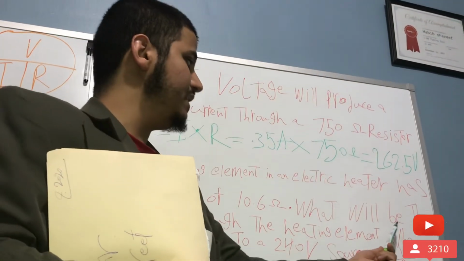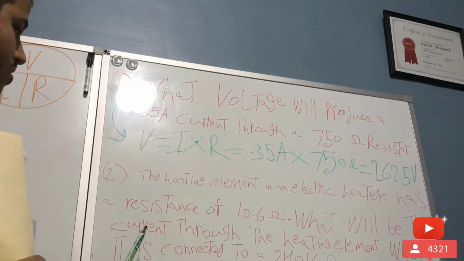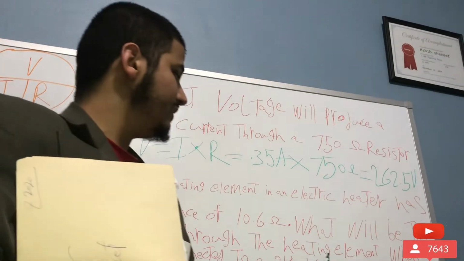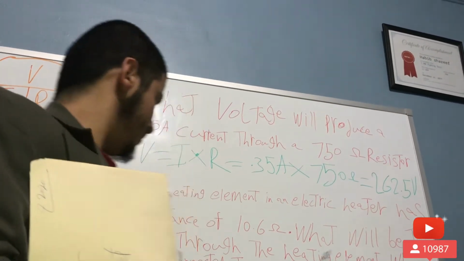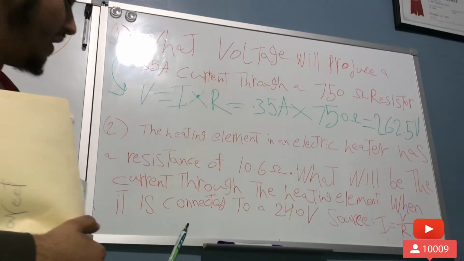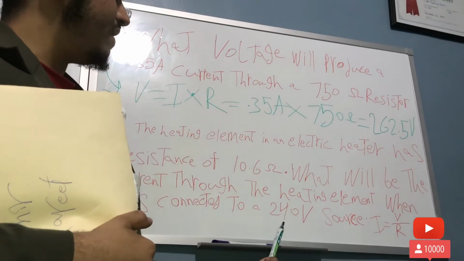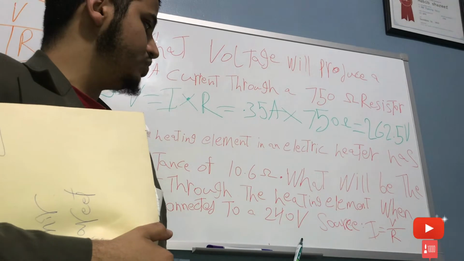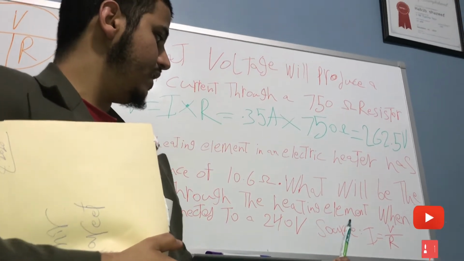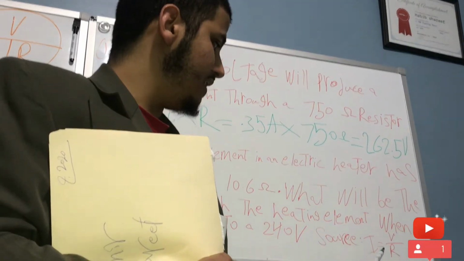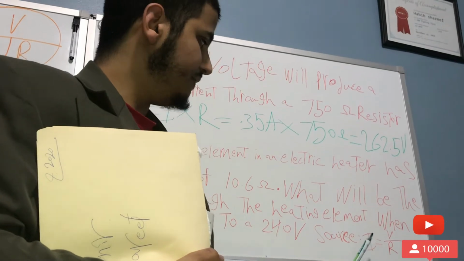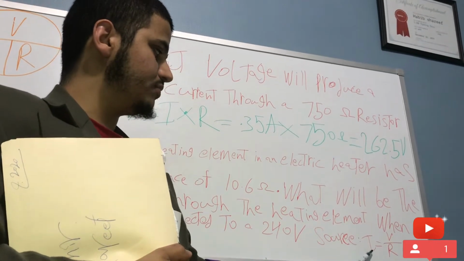What will be the current through the heating element when it is connected to a 240 volt source? So you want to find the current right here, the amps.